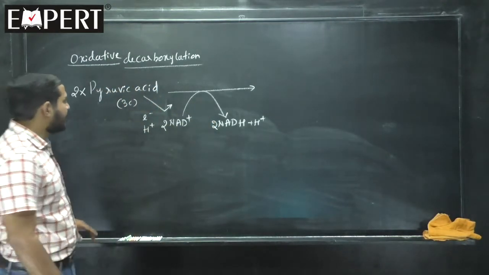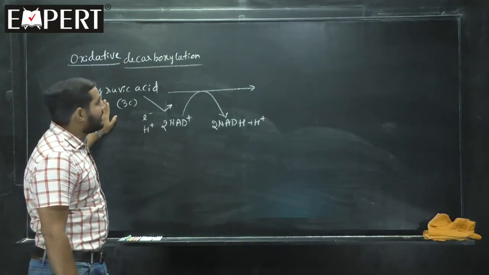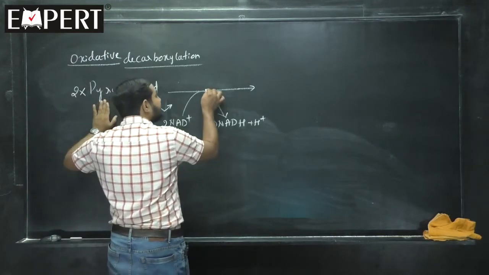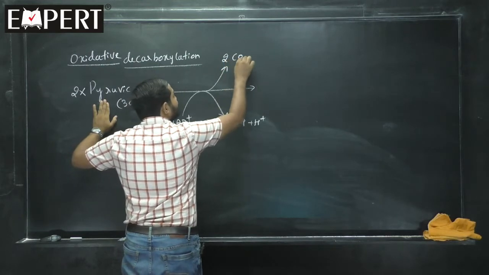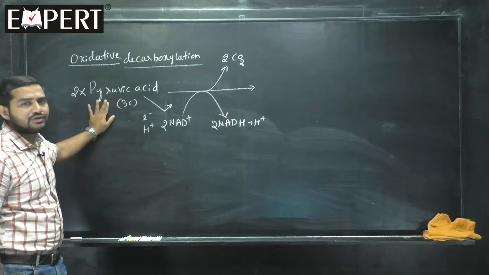Clear? Okay. The word oxidative is over, but decarboxylation has to come. Decarboxylation means removal of carbon dioxide, 2 carbon dioxide, because each pyruvic acid will lose 1 carbon dioxide. So, 2 carbon dioxide is lost.